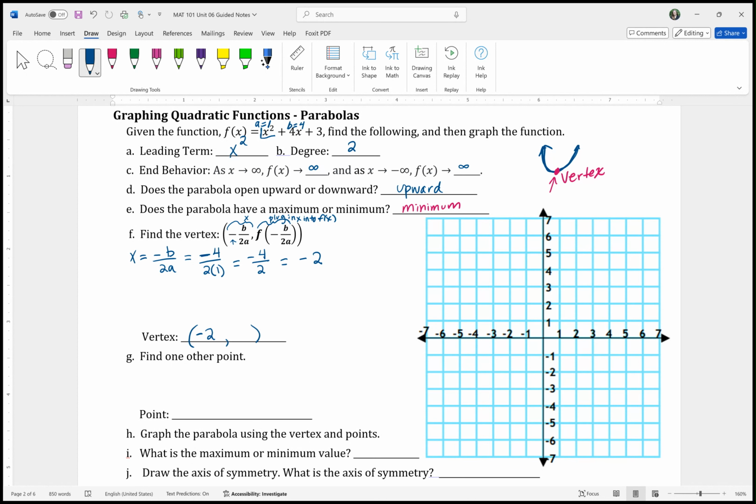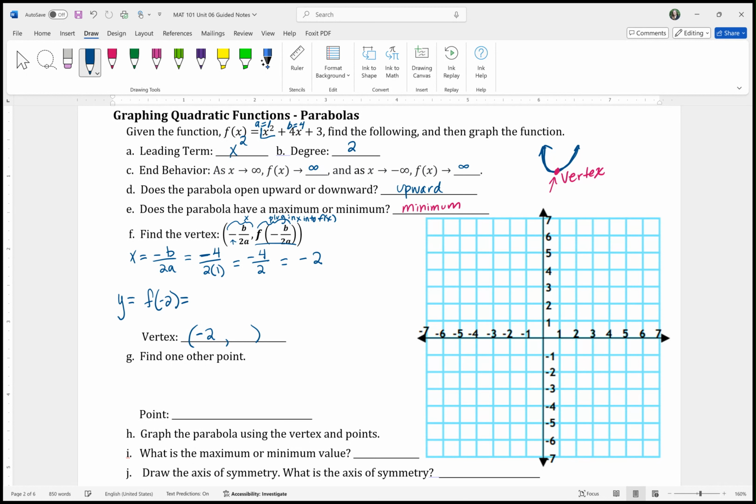Great. I've talked a bunch about this in previous videos, but if we have an x value, how do you find the y value, especially when we're dealing with functions? If you have an x, you plug it into the function to find the y. And that is what this is saying. It's saying you just found negative 2. Now find the y value, which is going to be f of negative 2.